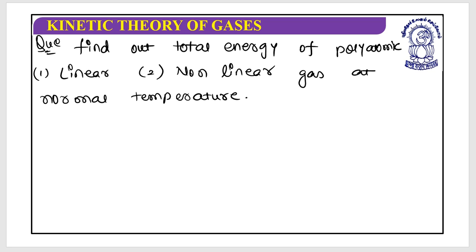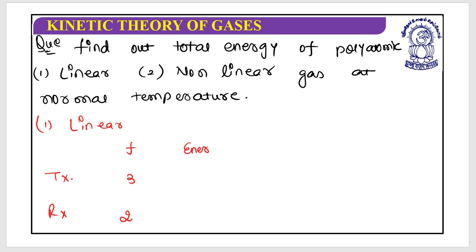So what I'm supposed to do is, let's begin with the linear. For a linear gas, we have two motions, translatory and rotational. For translational, the degree of freedom is 3, and for rotational, the degree of freedom is 2, as it is linear.